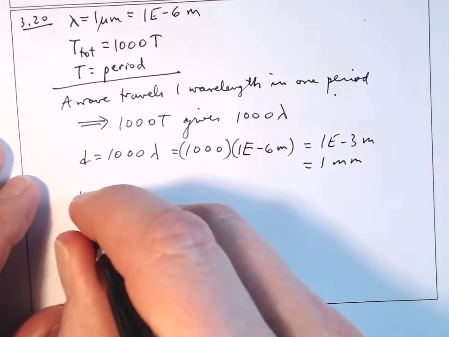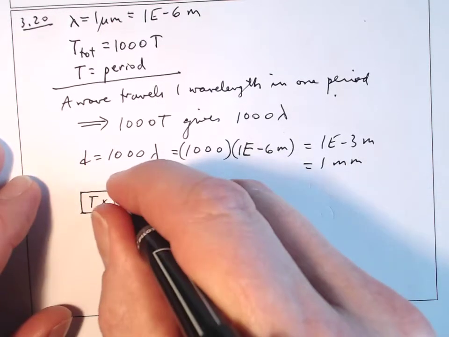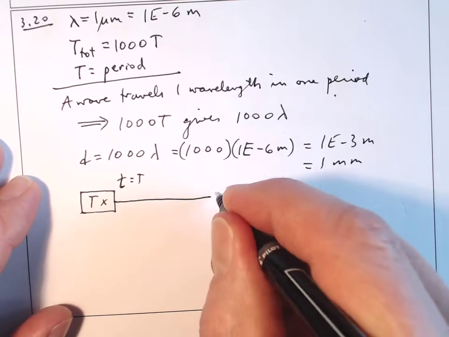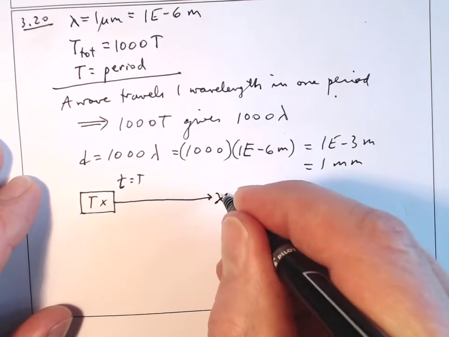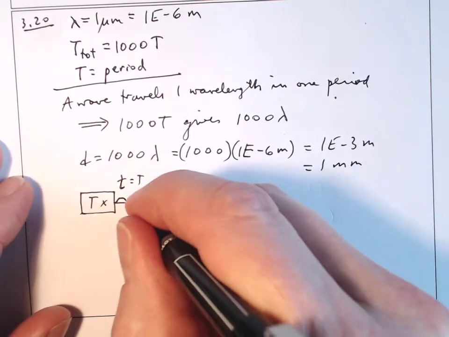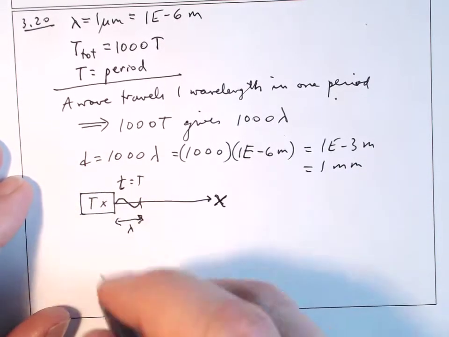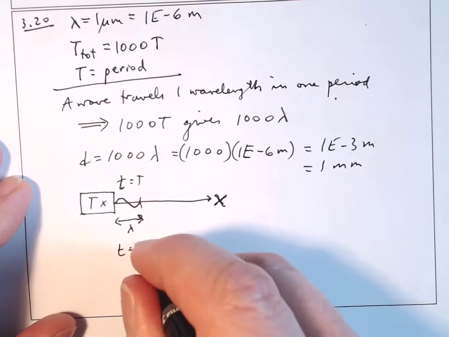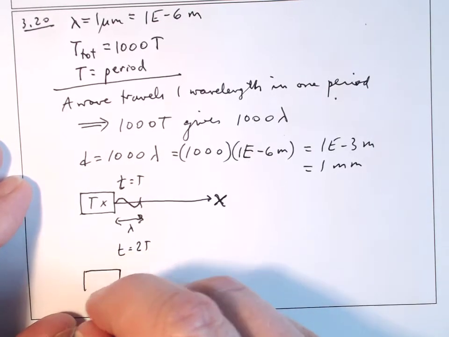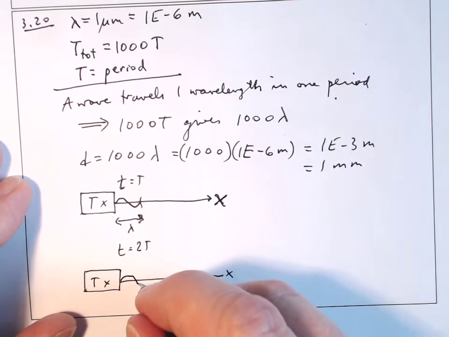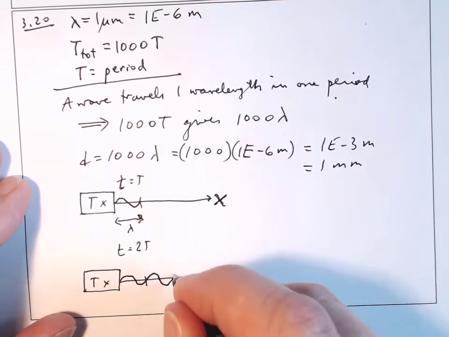You can draw a picture of this. Here's the transmitter, and if we draw the x-axis of distance here, at time t equal to T, it's gone 1 wavelength. At time t equal to 2 periods, now 2 wavelengths have been sent out.